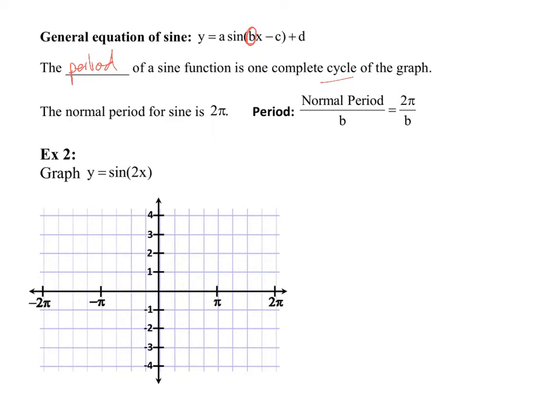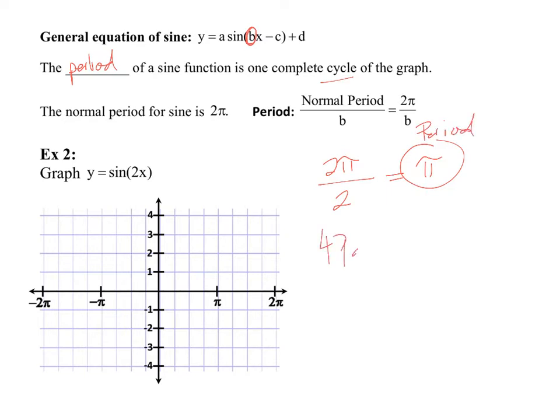So a normal period is always 2 pi. But in this case, I'm dividing by b, which is not 1, it's 2. So now my period becomes pi. That's a key piece of information. That's my period in this problem.